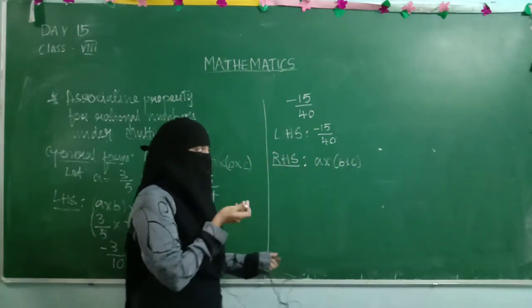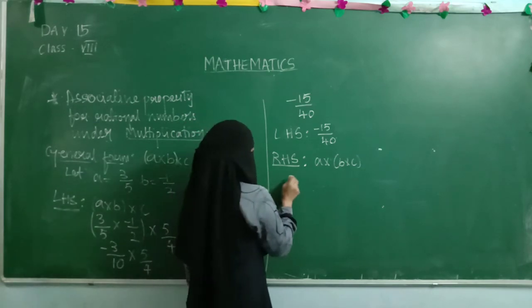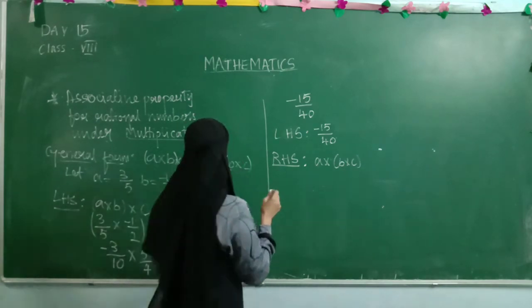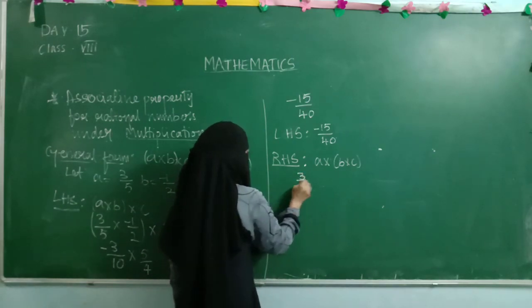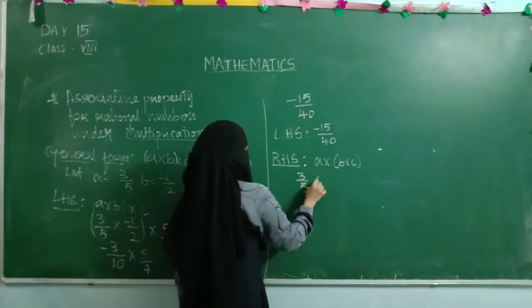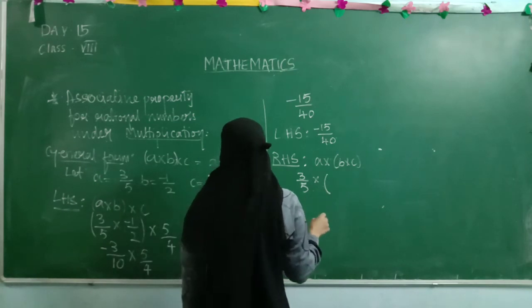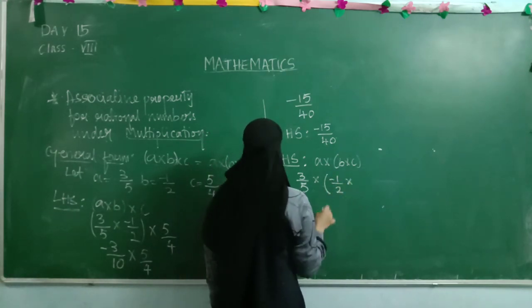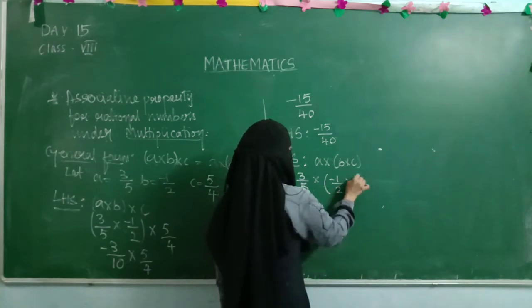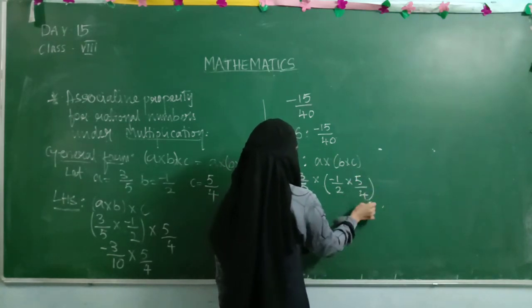Again we substitute: A is 3 by 5 into, keeping the bracket, minus 1 by 2 into C, 5 over 4.